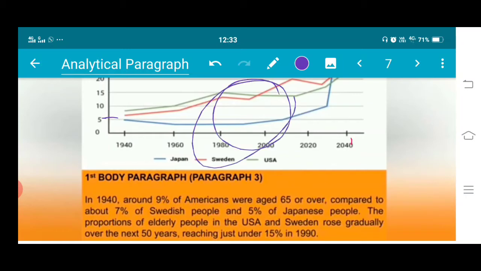This population, the people who are older than 65, rose gradually over the next 50 years, reaching just 15% in 1990. So when we talk about this point here, an overall increase is going on in all the 3 countries. So this is the point where this is growing, right?